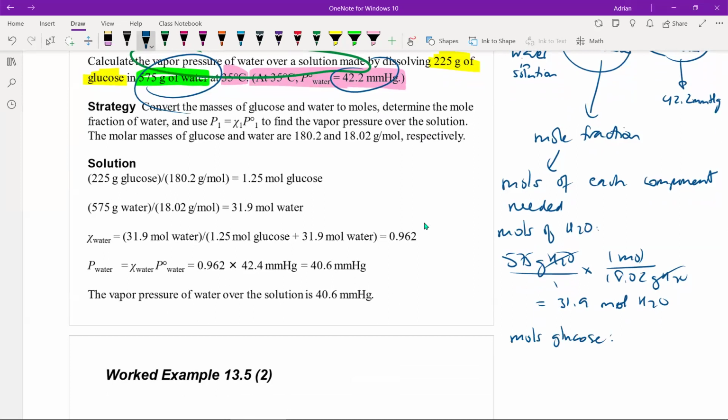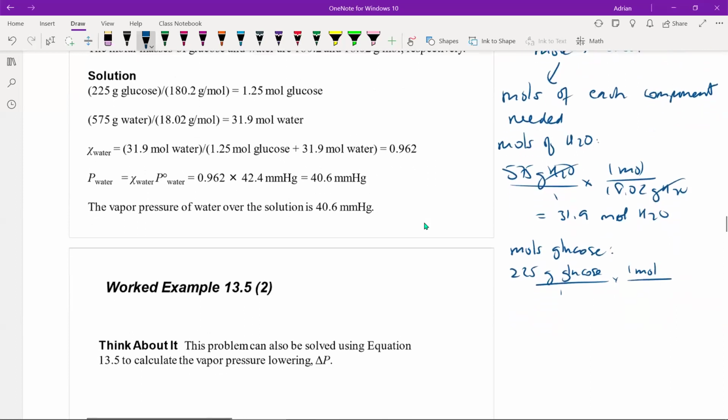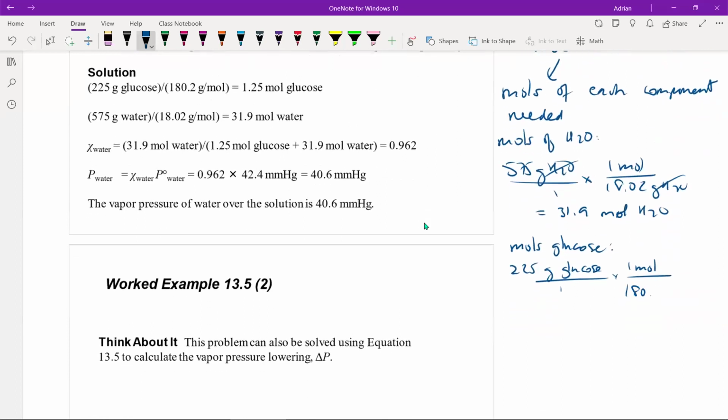We're given 225 grams of glucose. We use the molar mass of glucose. We should have been given the formula, but we actually talked about glucose before. Glucose has a molar mass of 180.2 grams, so that goes away, and we end up with 1.25 moles of glucose.